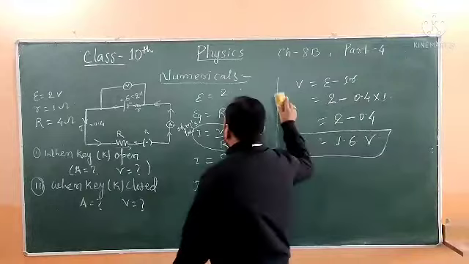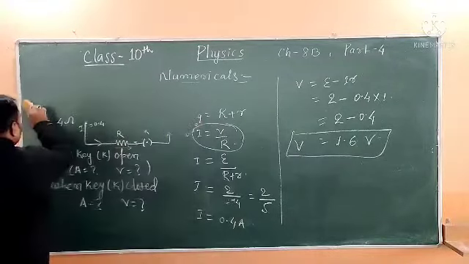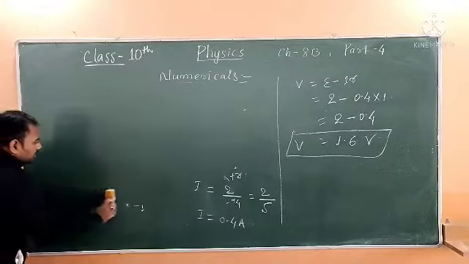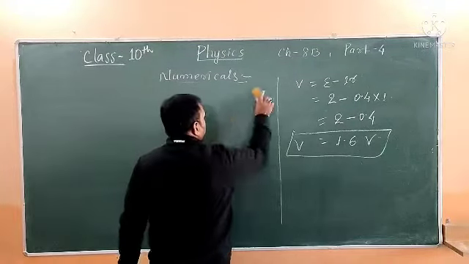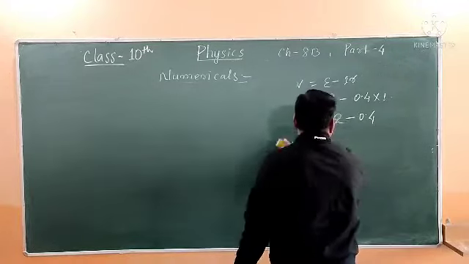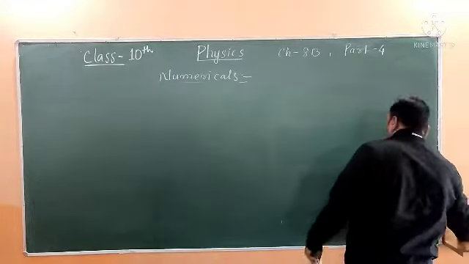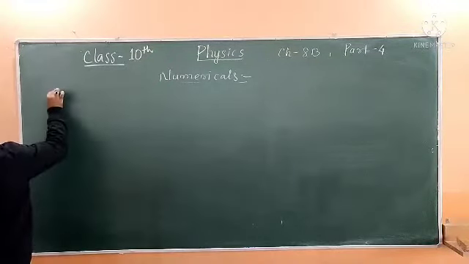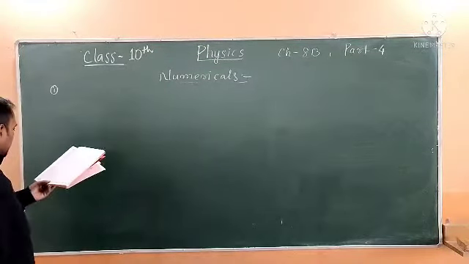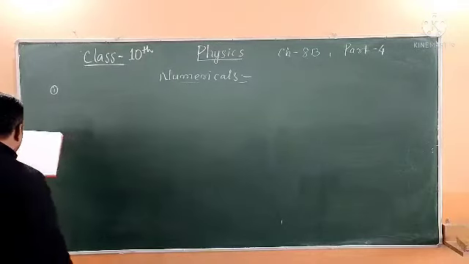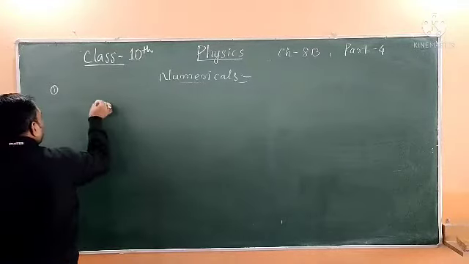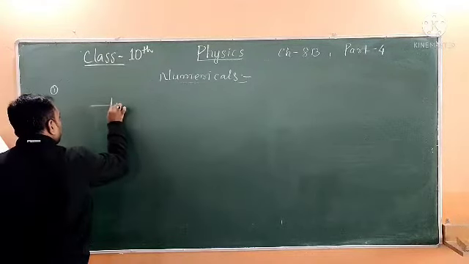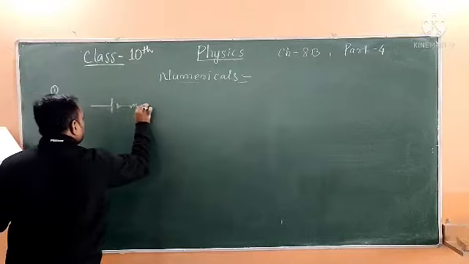Okay, so I am making it clear to you. There is a cell of given internal resistance, a cell having internal resistance small r.